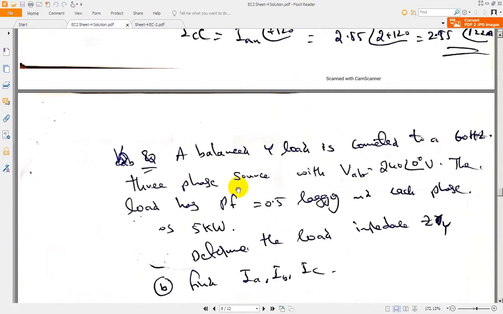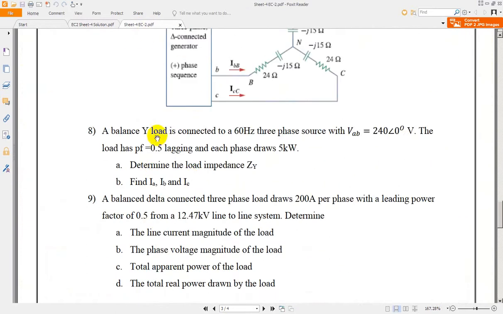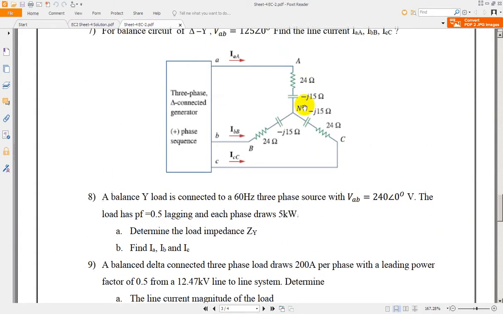Coming to question number 8, a balanced 3-phase Y load is connected to a 60 Hertz 3-phase source with VAB equal to 240 at an angle of 0 degrees. The load has a power factor of 0.5 lagging and each phase draws 5 kilowatts. It means 5 kilowatts is drawn here, 5 kilowatts here, and 5 kilowatts here, and it is a balanced load with a power factor of 0.5.